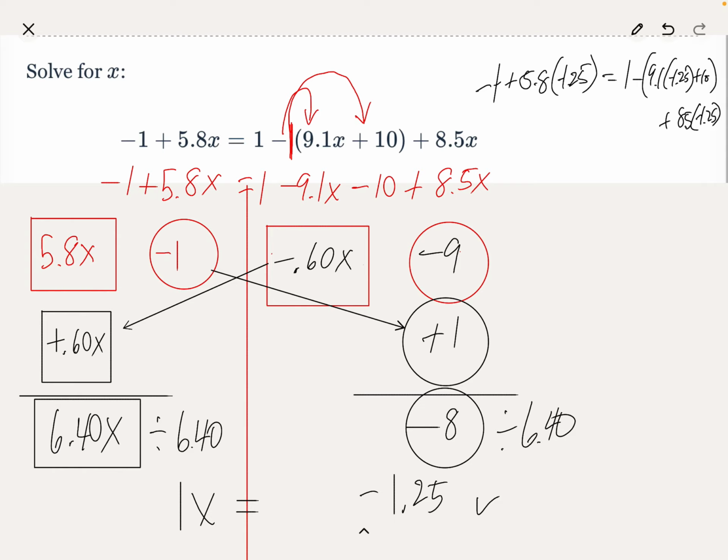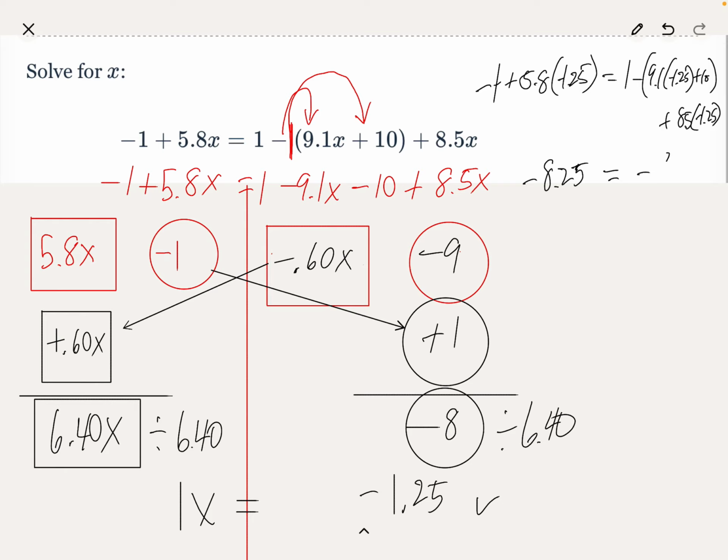So on this side, it's going to be a negative 8.25. And then on the right, we got 1 minus parentheses 9.1 times a negative 1.25 plus 10, and then plus 8.5 times negative 1.25.